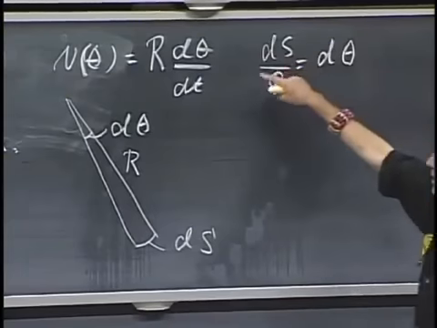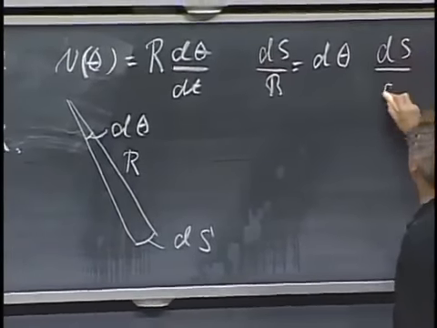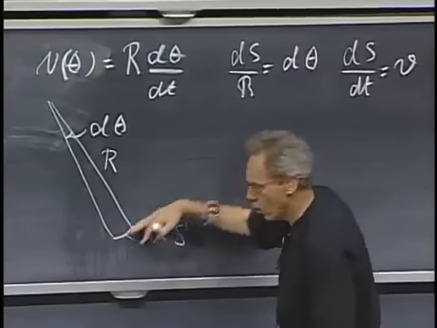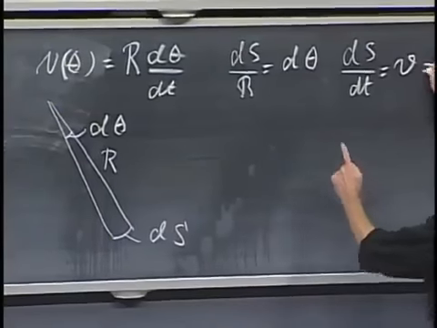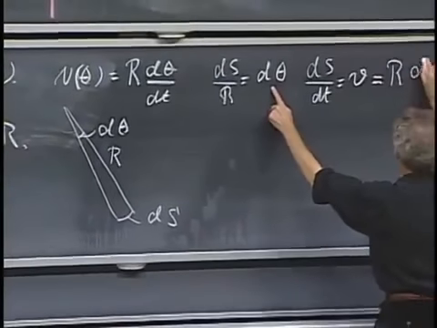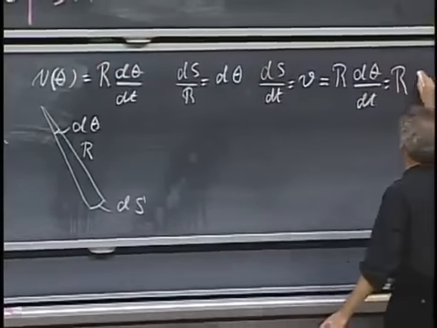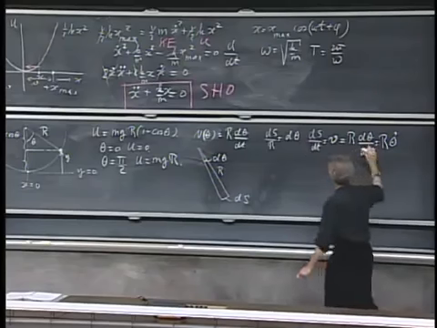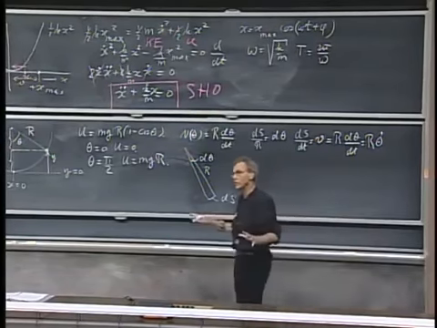So I take the time derivative, left and right. So I get ds dt, which, of course, is the tangential velocity along that arc, equals r times d theta dt, for which you can write r theta dot. d theta dt is sometimes called omega, which is the angular velocity.